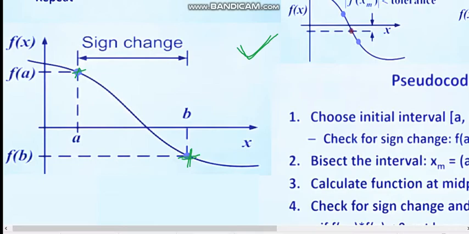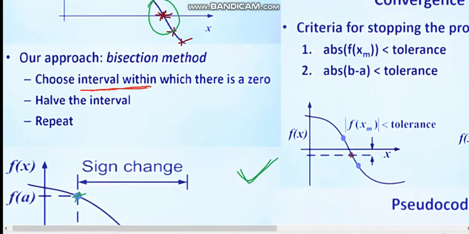So first we have to consider two x values for which f of x becomes positive and negative. We need f of x equal to positive and f of x equal to negative, two values, and correspondingly we will choose two limits.